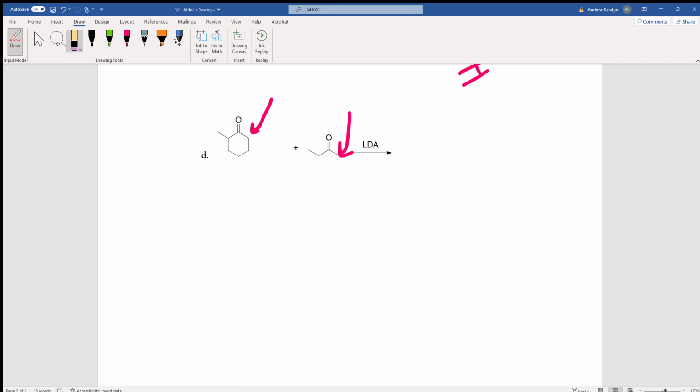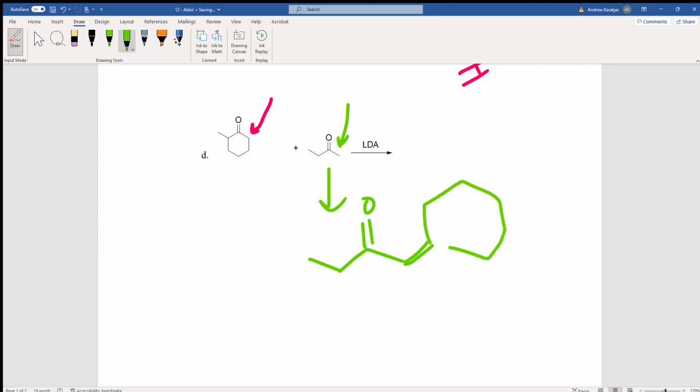Now, just so we can differentiate between those, let's change color. So if we use the 2-butanone as our nucleophile and the cyclic ketone as our electrophile, then we're going to form a new double bond between this enolate carbon and the carbon of the carbonyl.